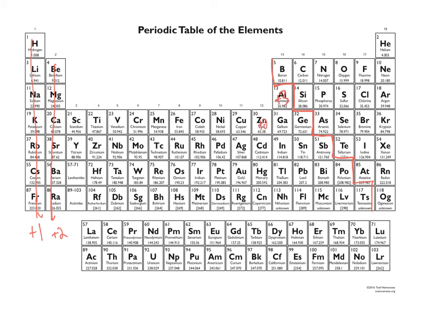We know zinc is +2. We know silver is +1. So any other metals, all of the transition metals except for zinc and silver, all of these main group metals except for aluminum, all the lanthanides and actinides, they can have multiple possible charges, or sometimes we call these oxidation states. They have multiple possible oxidation states. And so when you give the name, you have to specify what the charge is by putting Roman numerals, or when someone gives you the name, they have to specify what the charge is by giving Roman numerals.